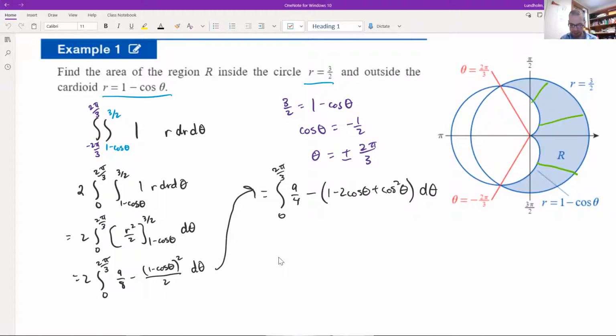And yeah, most of this will not be too bad to integrate. Maybe we do just a little bit more cleanup before we do that. 9/4 minus 1 would be 5/4. We'd have plus 2 cosine theta, and then minus cosine squared theta d theta, and that's an even power of cosine. So we're going to need to use a little bit of strategy from our trig integrals back in Calc 2 to solve this one.